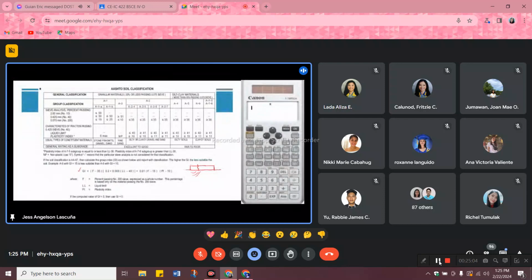Man ang ideal jud mo is ang kaning mga granular materials kay mas lig-on man sila, so less ang imuhang settlement sa soil.